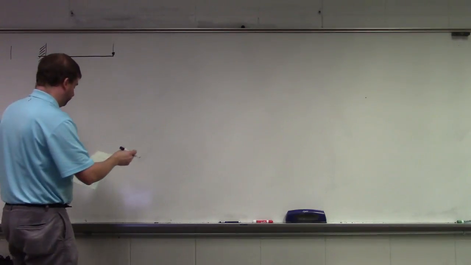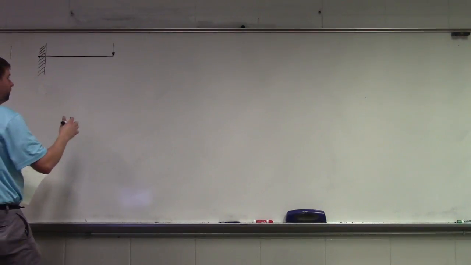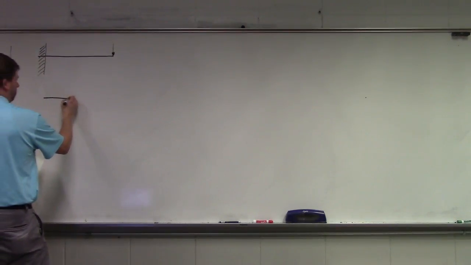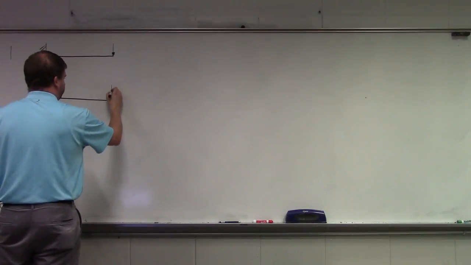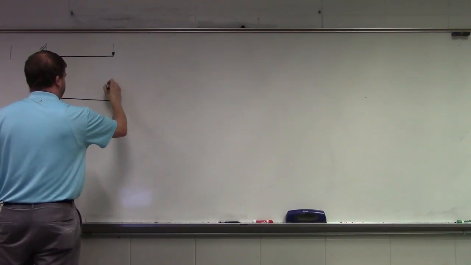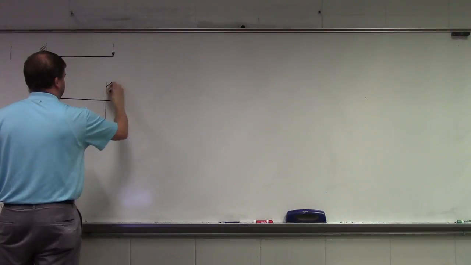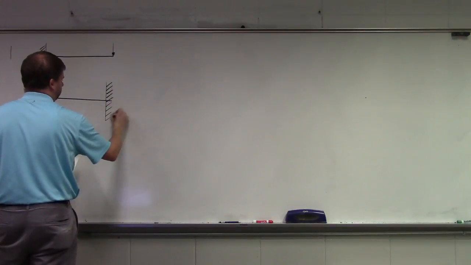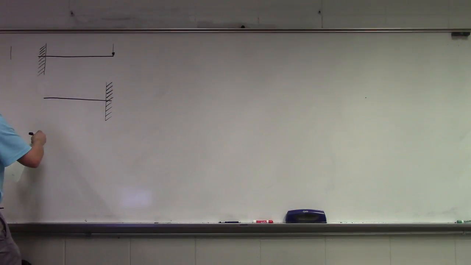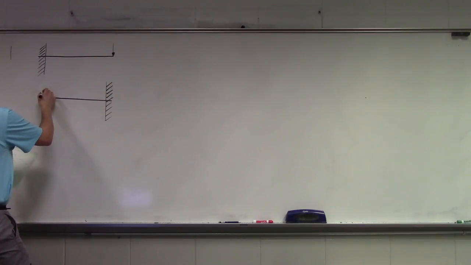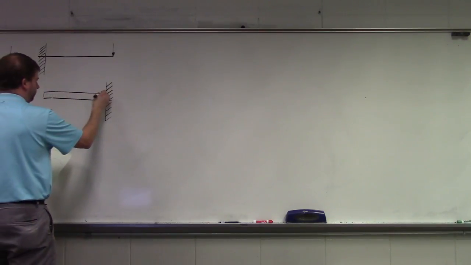Okay, so let's look at the case where we have our beam running from left to right. We're going to anchor into our wall. We're actually going to put on a uniformly distributed load.